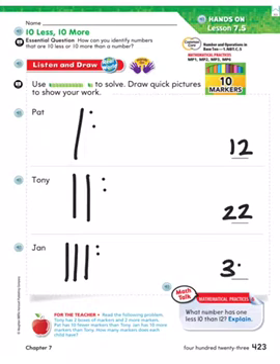So 32. Let's take a look. Tony has 22 markers. Pat has 10 fewer markers than Tony, which is 12. That's correct. And then Jan has 10 more markers than Tony. 10 more is 32. So we did that correctly.